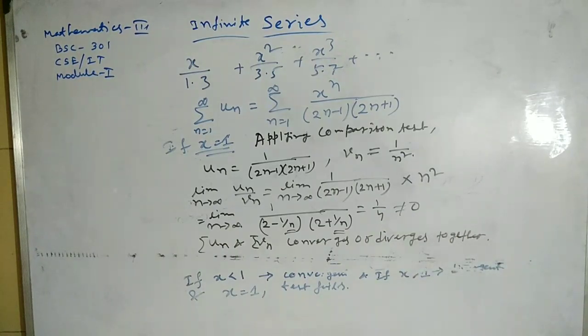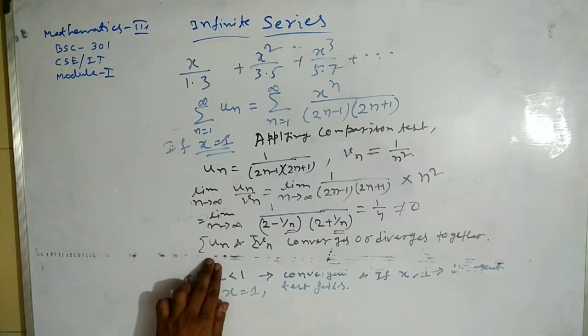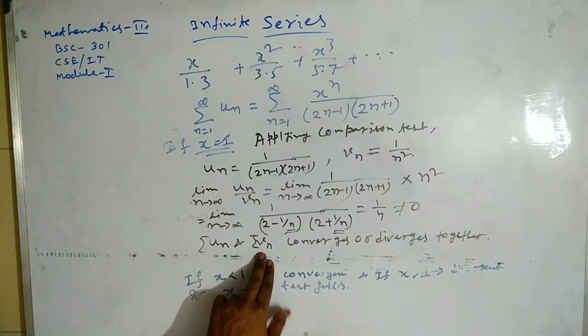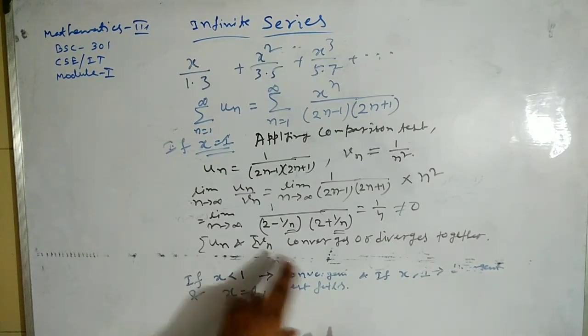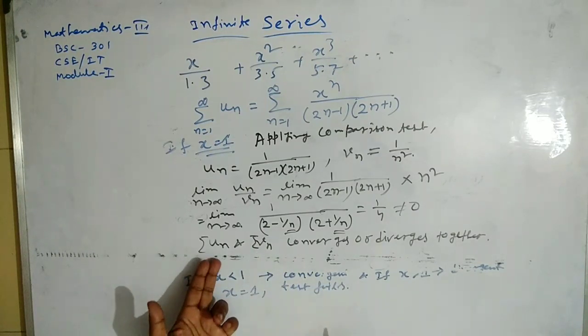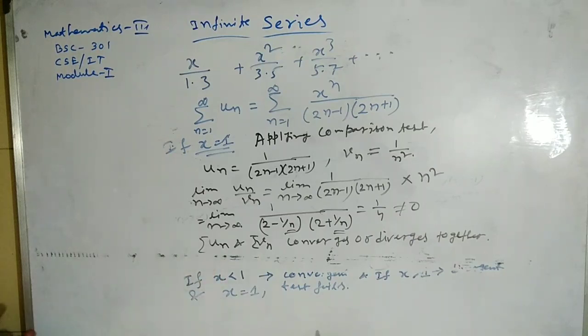Now to know the convergence of summation un, we have to check the convergence of summation vn. If we can find that summation of vn is convergent or divergent, then by comparison test we can say that summation un will converge or diverge.